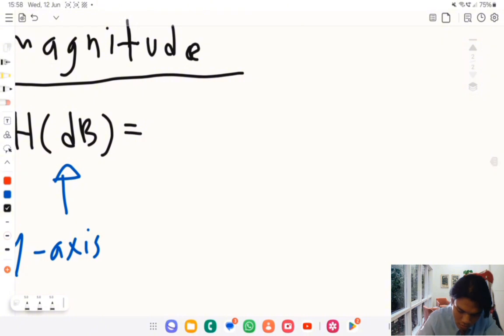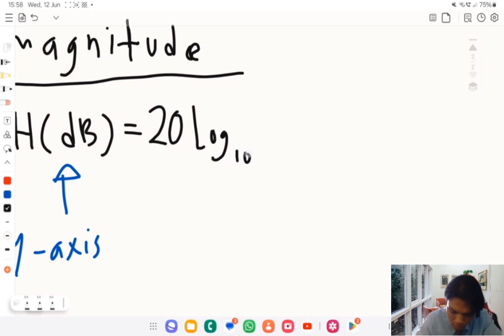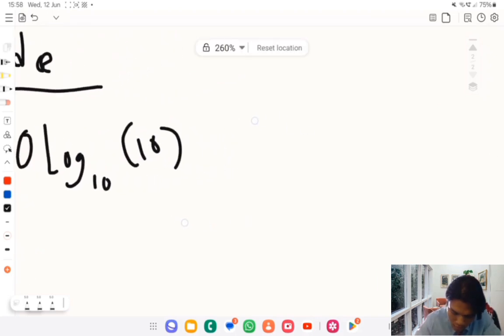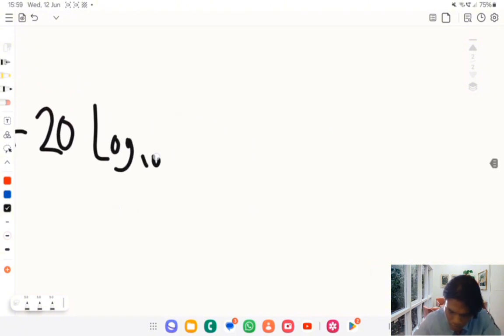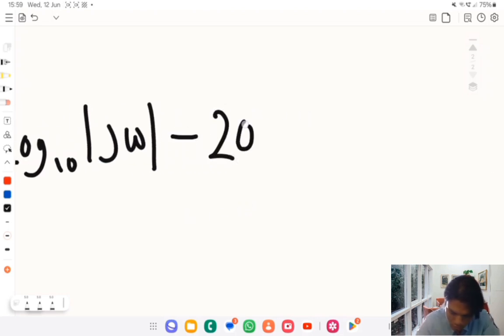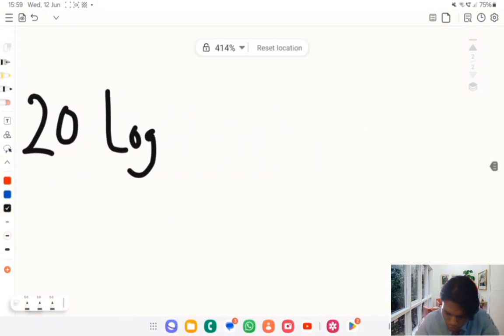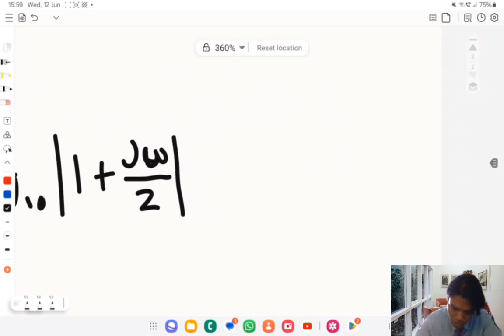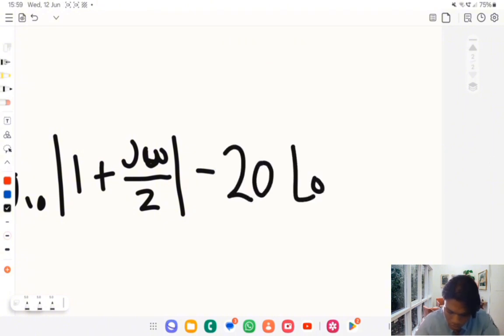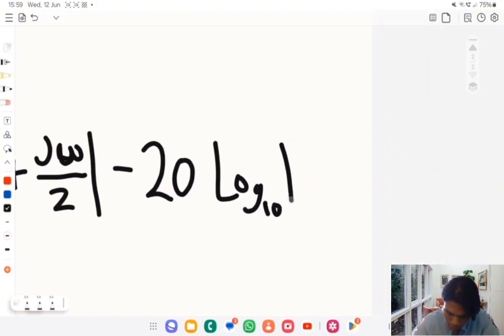So the equation is 20 log 10, and then we plus 20 log 10 open bracket j omega, and then we minus 20 log 10 of 1 plus j omega per 2, and then minus 20 log 10 of 1 plus j omega per 10.